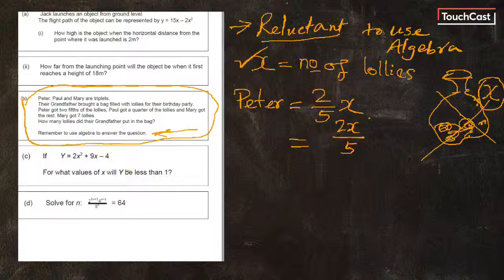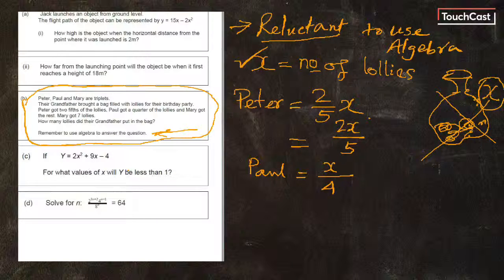Exactly the same thing written in different ways. And Paul has a quarter of x. What is x? X is the total number of lollies that was placed into this bag of lollies.